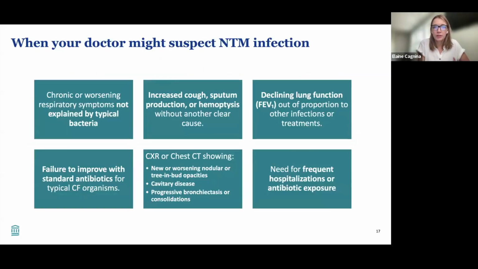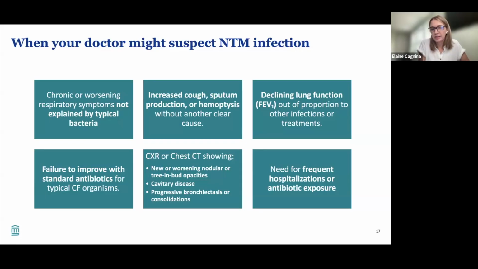So when do physicians start to suspect that NTM may be playing a role? When you have chronic or worsening respiratory symptoms that are not explained by typical bacteria, and usually this correlates with the one below, which is when you really don't get better when you're getting standard antibiotics for the organisms that we know you're colonized with.